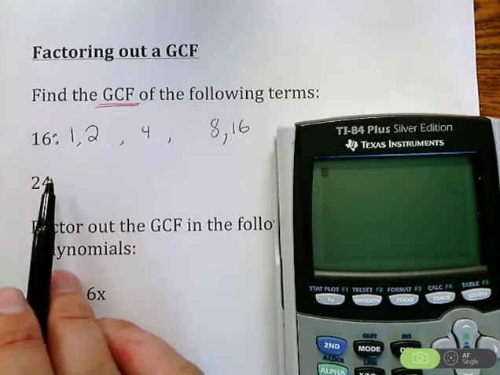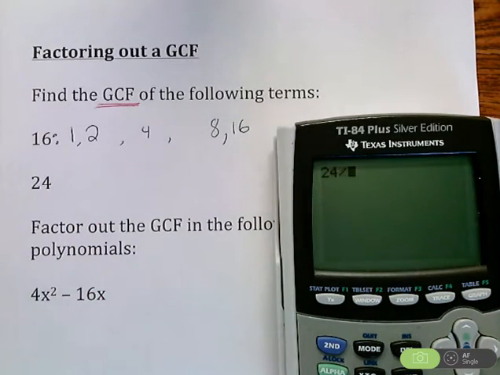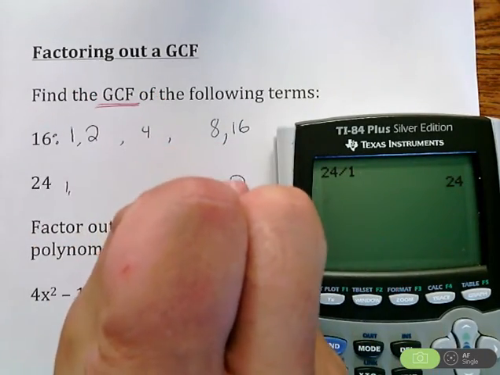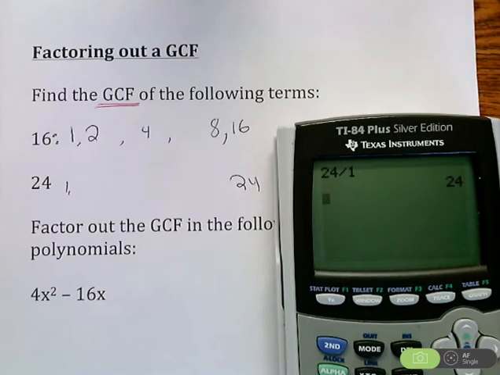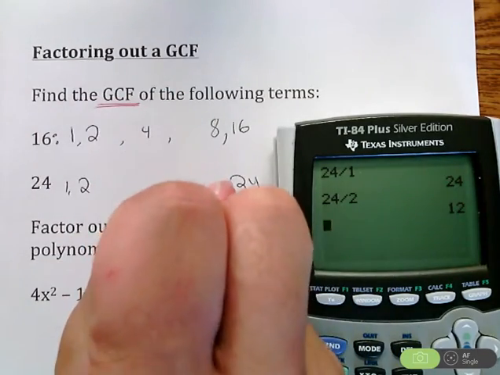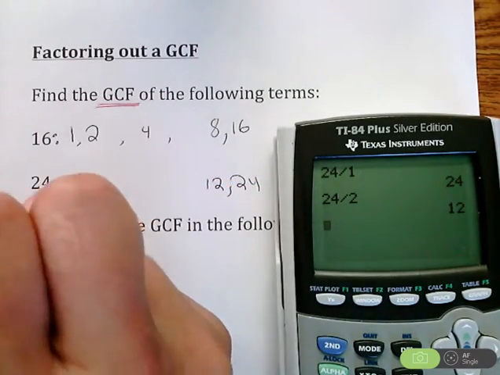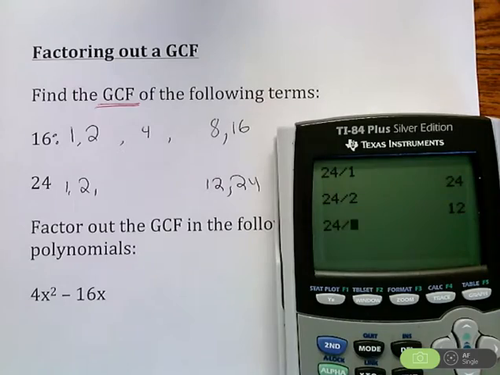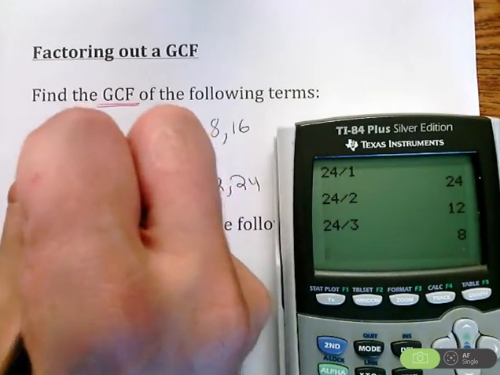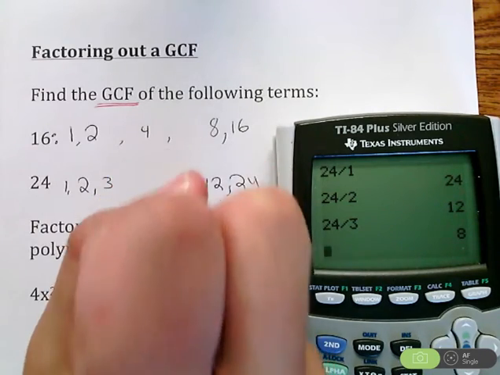So now I'm going to do the same thing with 24. I need to list out all the numbers that multiply to 24. So we're going to have 1 all the way up to 24. Then we take 24 divided by 2, and I realize 2 times 12 gives me 24. Then I go to 3. 24 divided by 3, so I know 3 times 8 gives me 24.